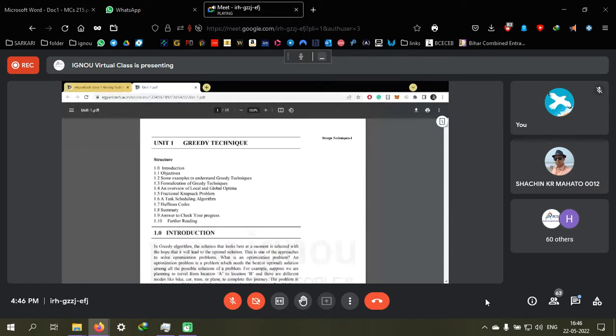This is block 2, unit 1, greedy techniques. So what do you mean by greedy techniques? Greedy means greedy, lalchi.